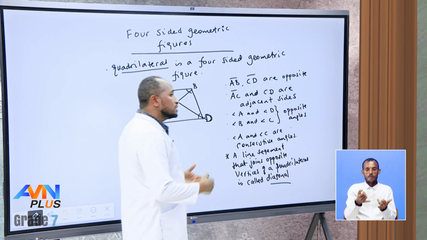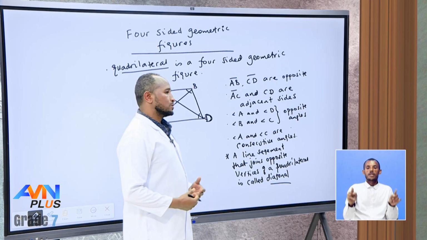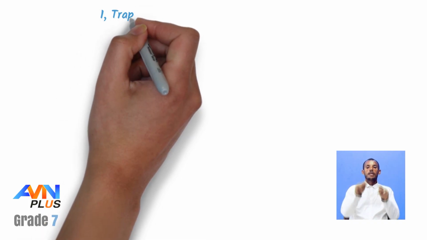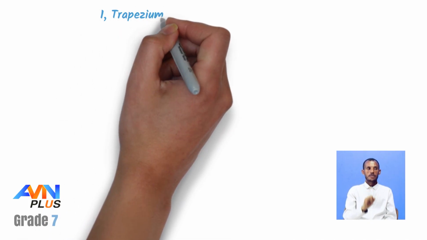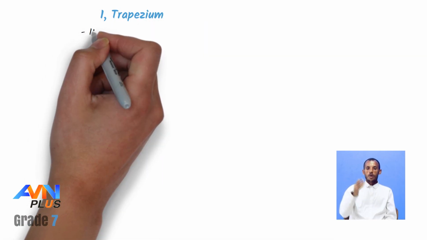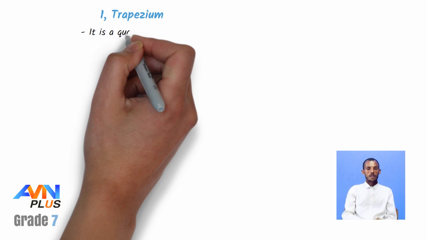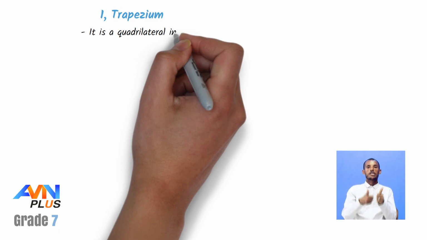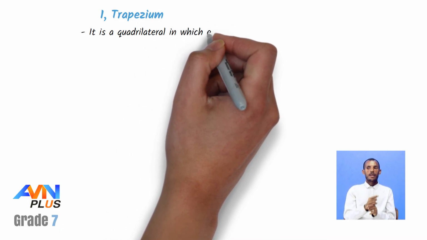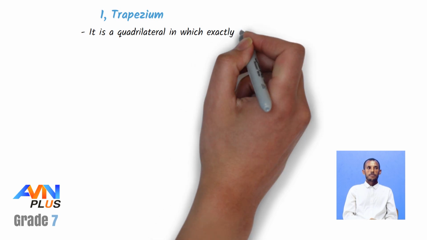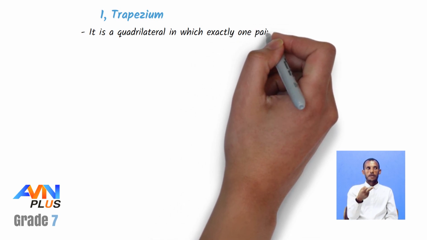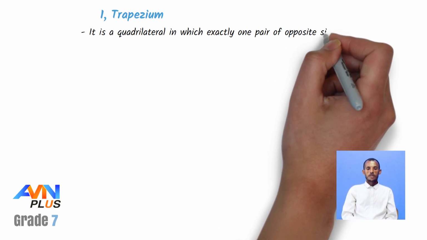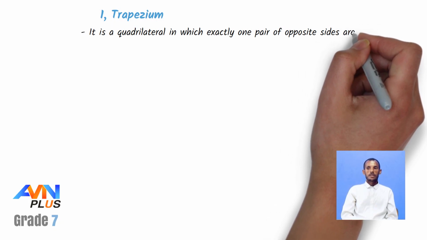Now we'll see special quadrilaterals one by one. So, a trapezium is a quadrilateral in which exactly one pair of opposite sides are parallel.